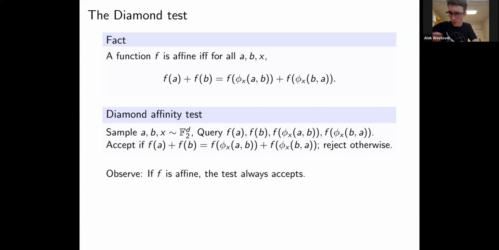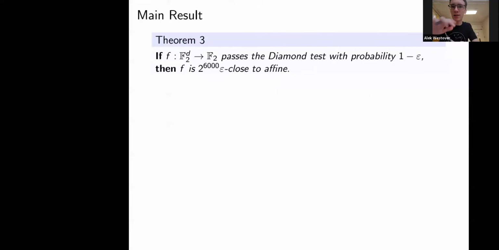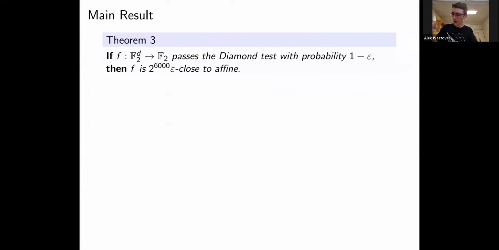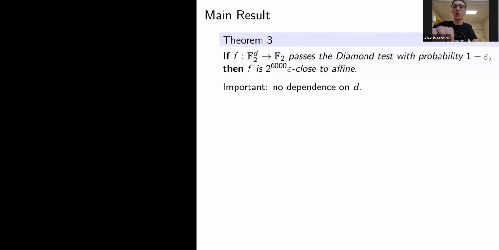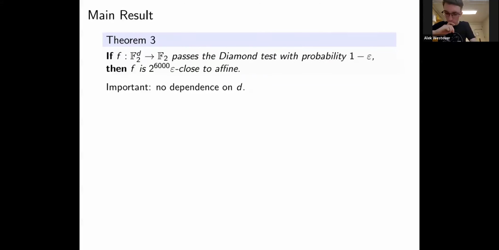So anyways, this is the diamond test, and we've already said that it always accepts affine functions. So the rest of the talk is going to be devoted to telling you why, if the diamond test accepts with good probability, then it means that your function is close to affine. Or in other words, that this thing rejects functions which are far from affine.